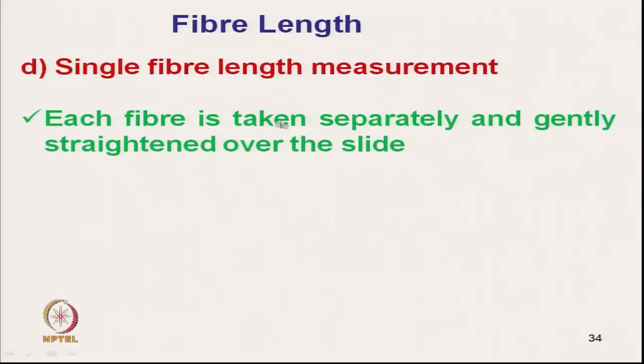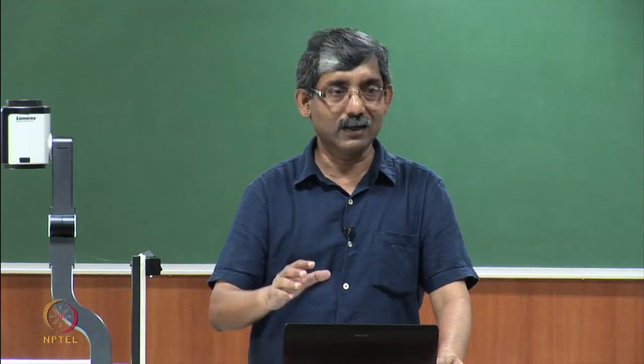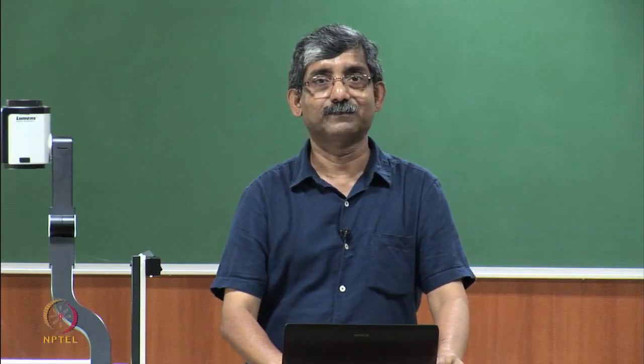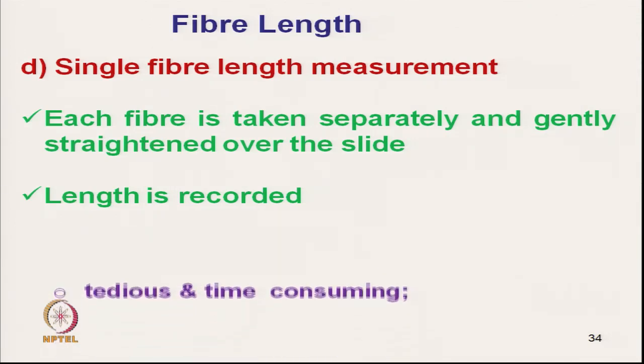Each fiber is taken separately and gently straightened over the slide. So, you have to remove all the crimps, any bend, any loop type formation. So, we have to straighten the fiber and gently put it on the slide, and the length is recorded. We can record the length.